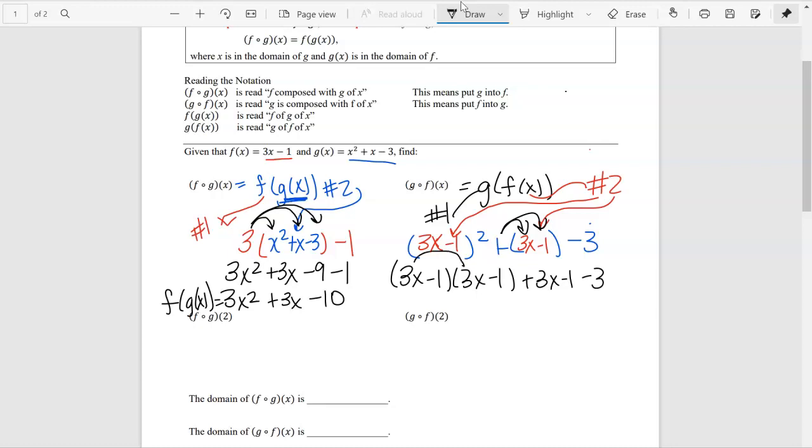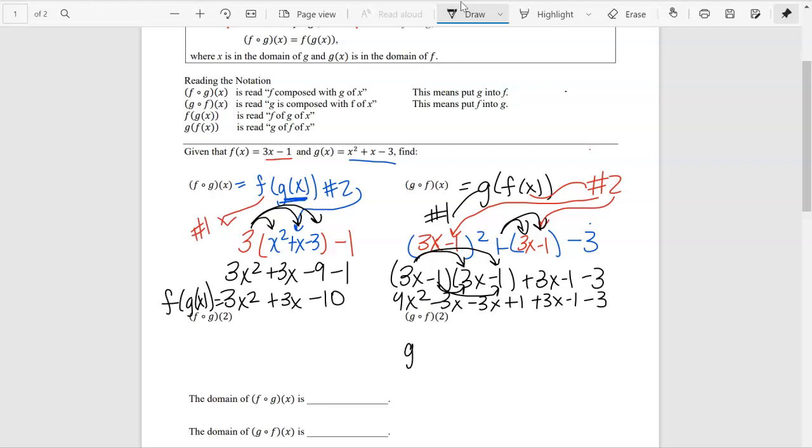Now we're going to have to do first, outer, inner, and last when we distribute this to get our answer. And 3x times 3x is going to be 9x squared. 3x times negative 1 is negative 3x. Negative 1 times 3x is negative 3x. Negative 1 times negative 1 is going to give us positive 1. And then we've got our plus 3x minus 1 minus 3.